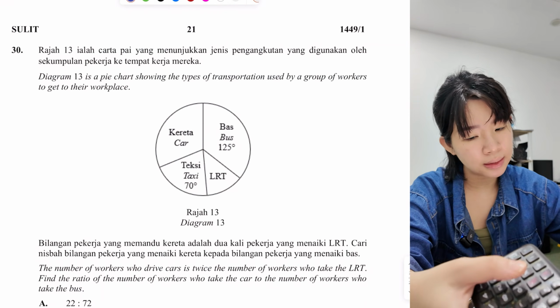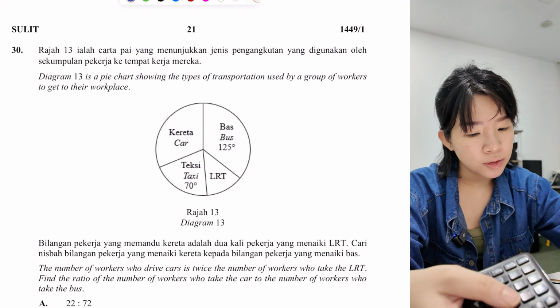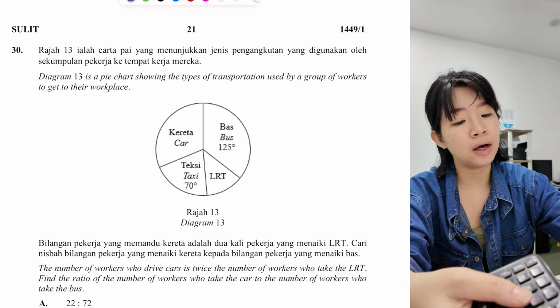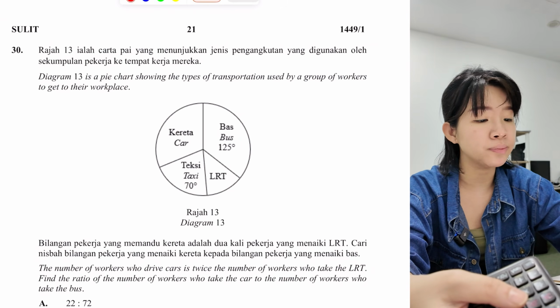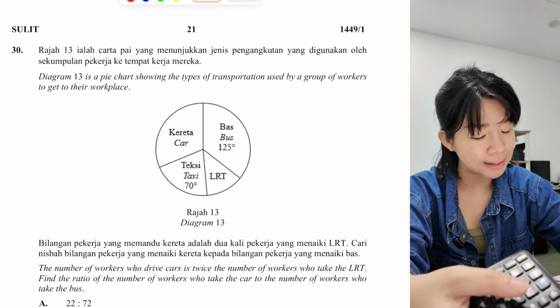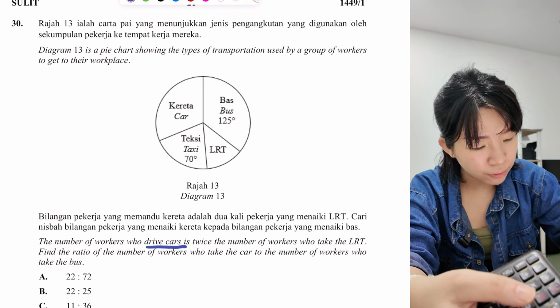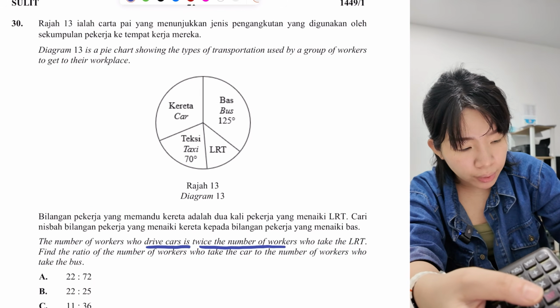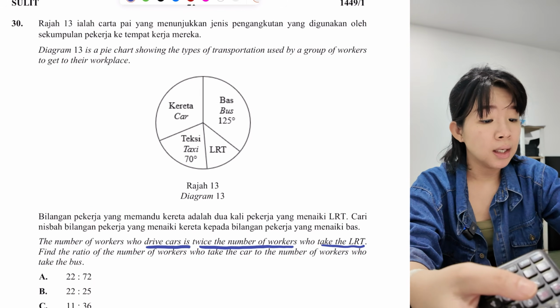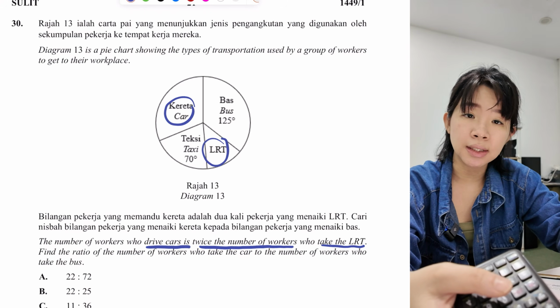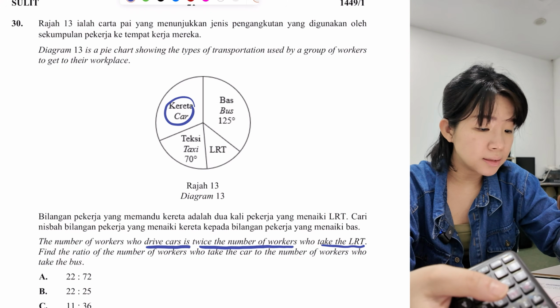Question 30. It shows a pie chart of the type of transportation used by a group of workers to get to their workplace. The number of workers who drive a car is twice the number of workers who take the LRT. Car and LRT. Here they don't give any angle.